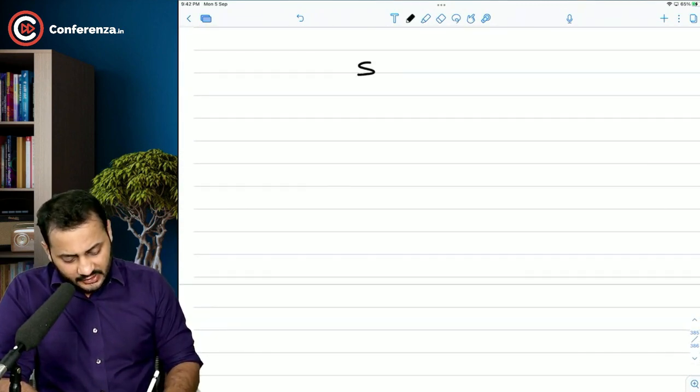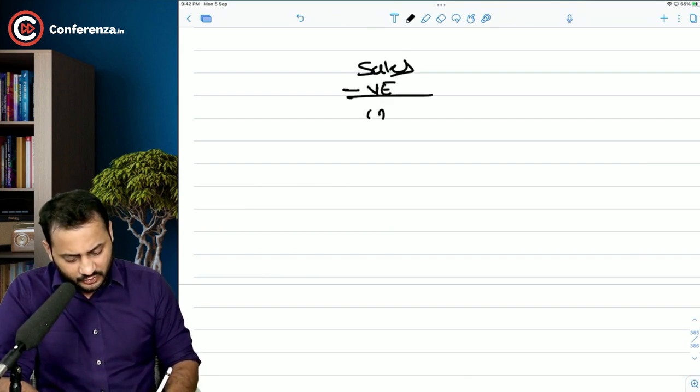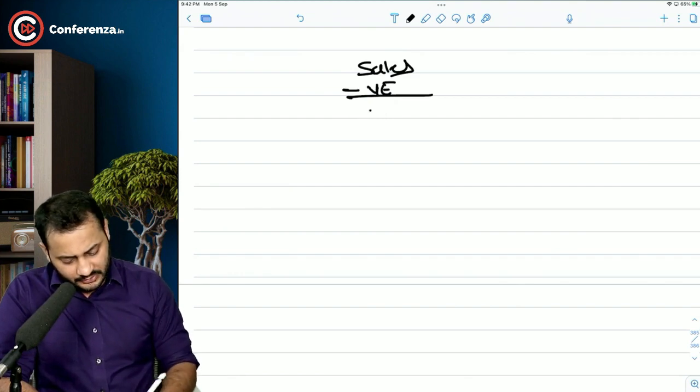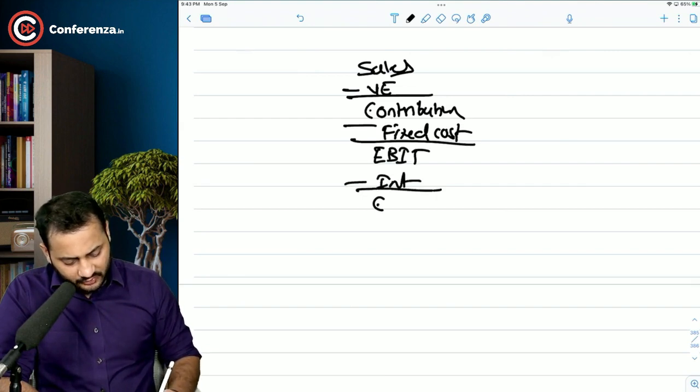Sales minus variable expenses was equal to contribution, right? Once you deduct the fixed cost out of contribution, you will reach earning before interest and tax. And after deducting interest out of it, you will reach EBT.